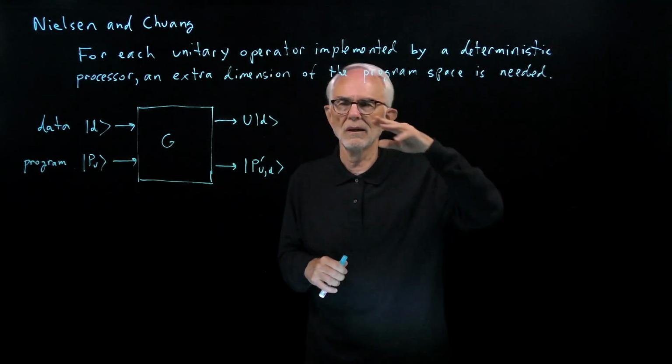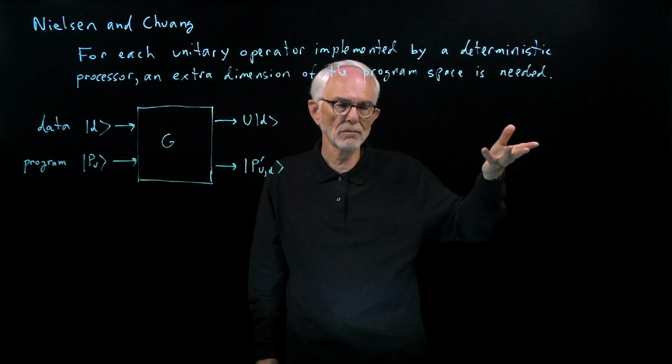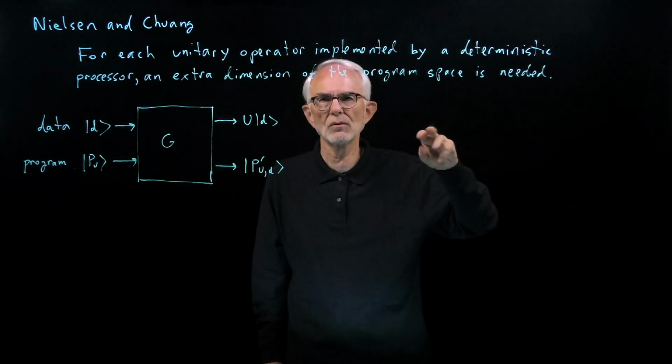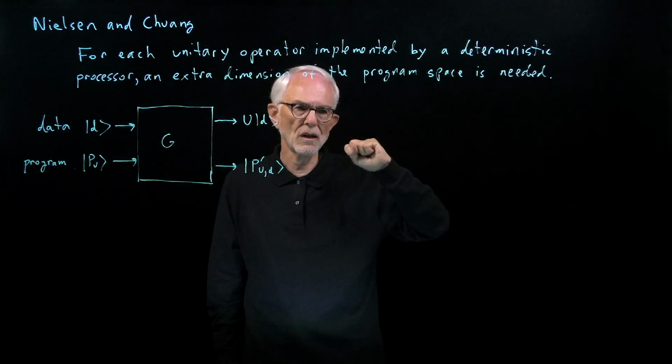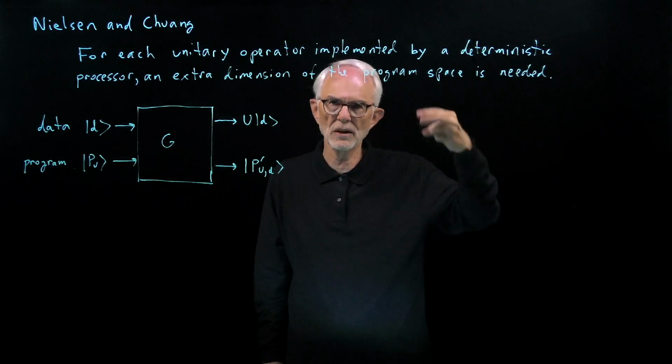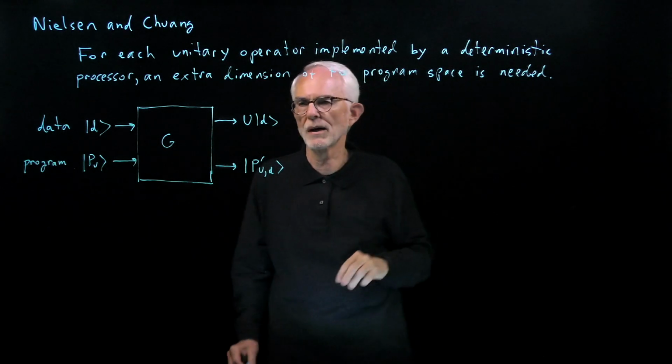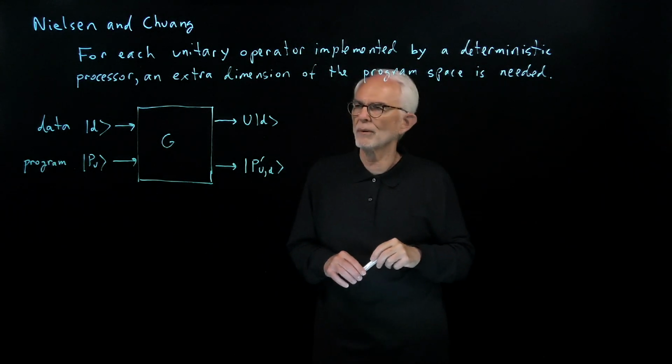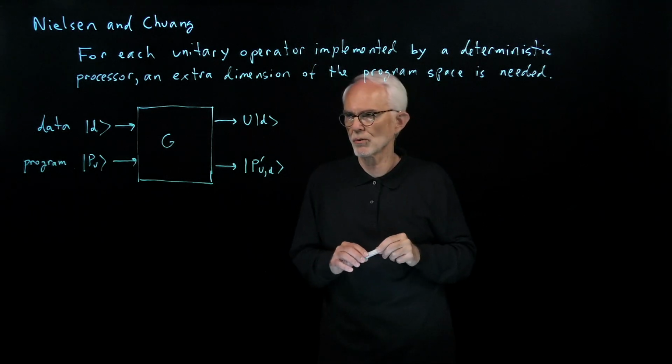For example, if we have just one operator that's going to be implemented, we'll have a one-dimensional program space. If we're going to have 2 operators, we're going to need two dimensions, 3, and so on. Now what we'd like to do is show why this is true.